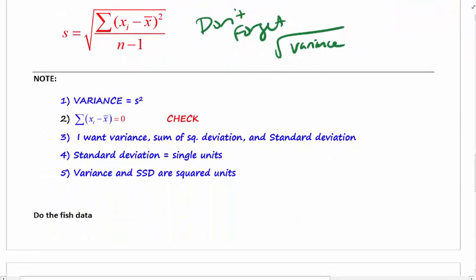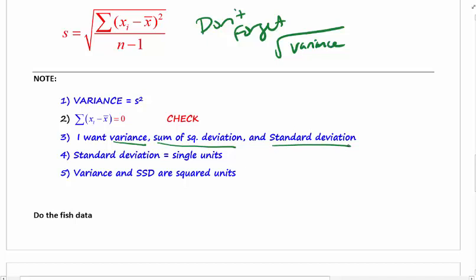So some notes, some things I've already mentioned here. The variance is equal to the square of the standard deviation. That second column should always equal 0 as long as you didn't round. You will want to make sure you are clear and you can answer the questions. What's the variance? What is the sum of square deviations? And what's the standard deviation?